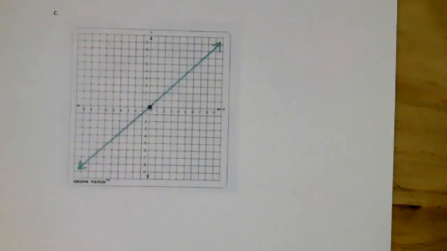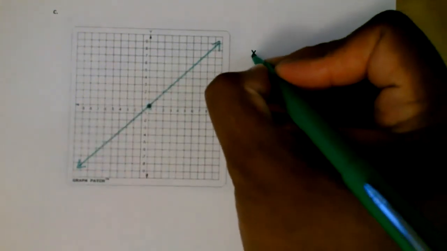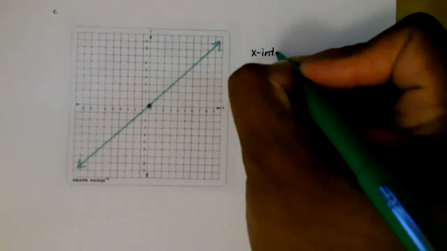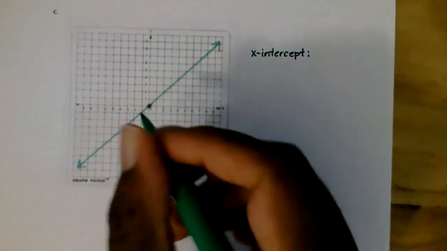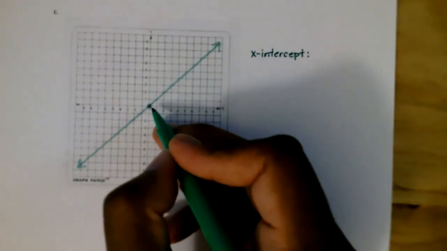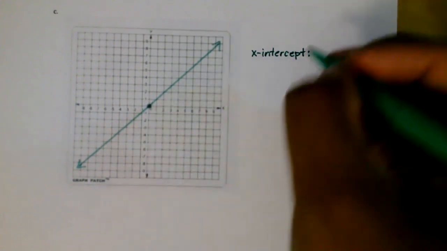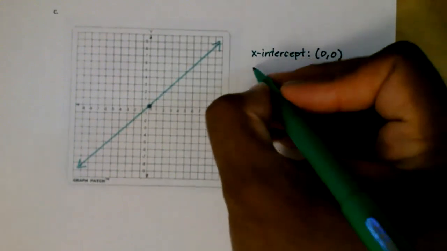All right, and let's look at this one right here. We want to identify the x-intercept and the y-intercept. Well, the x-intercept here is crossing the x-axis at 0, as you can see. So the ordered pair for that would be 0, 0.